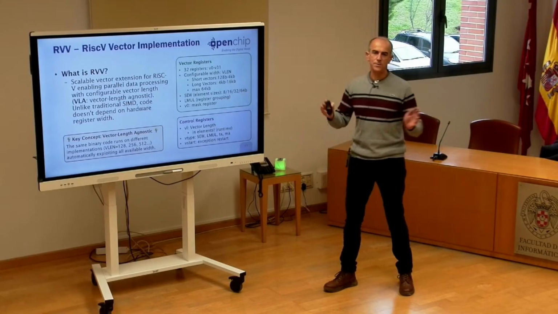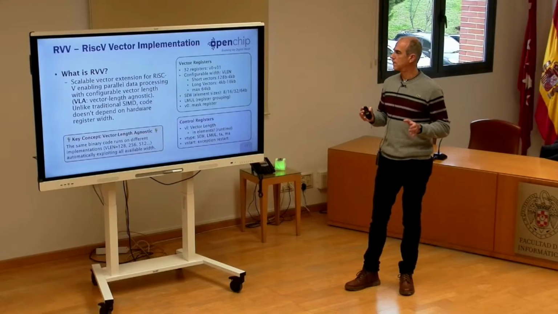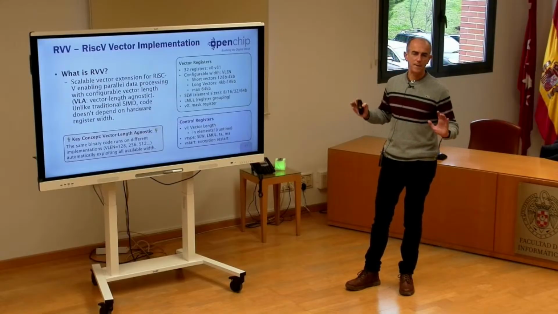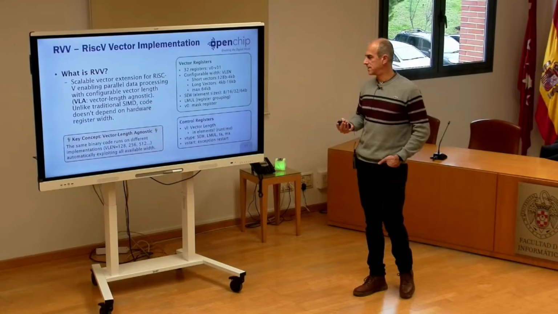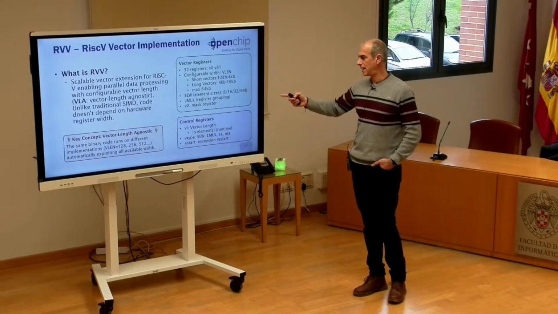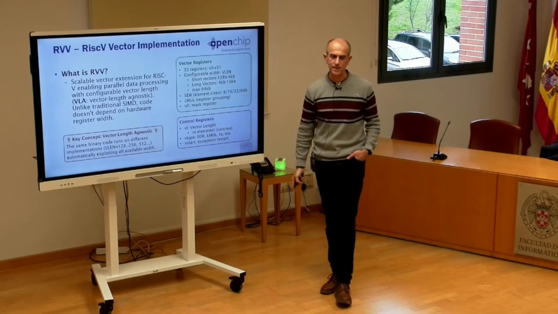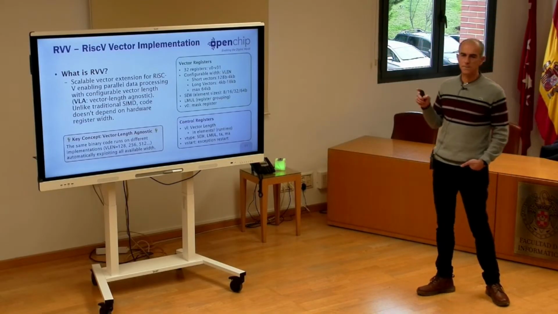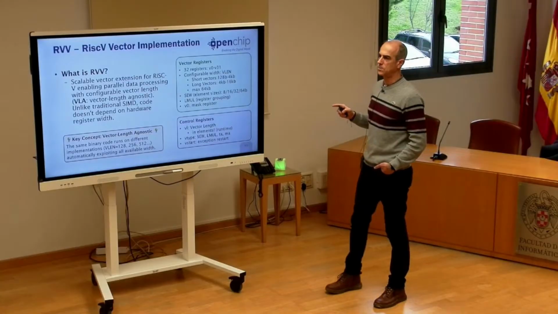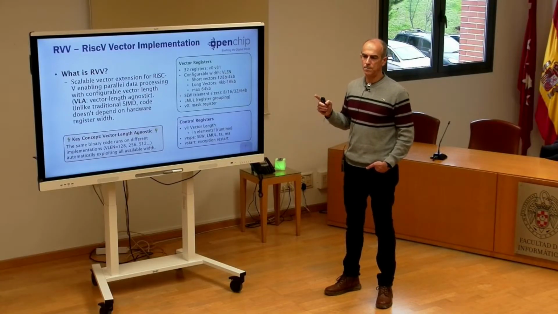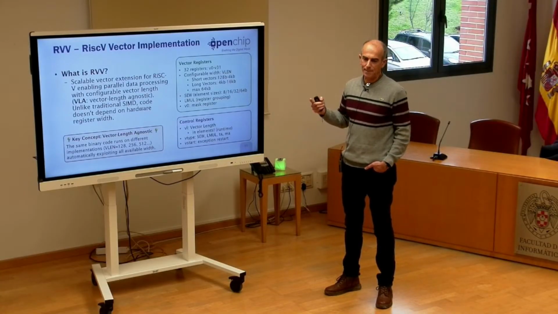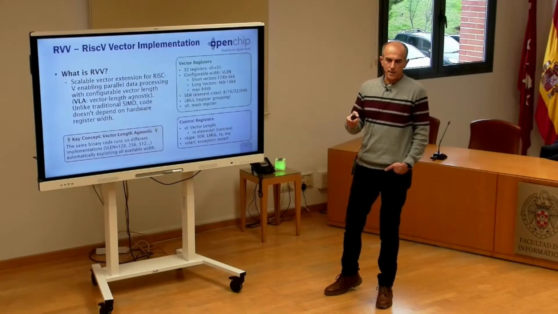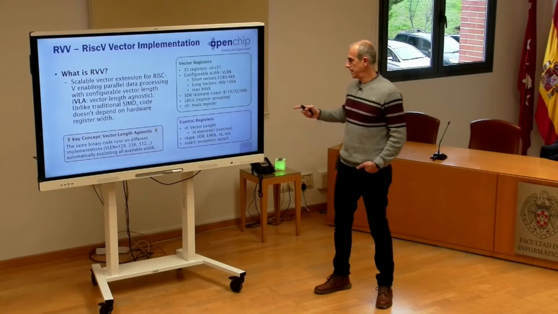And the LMUL, which allows you to group some registers to have a bigger register. And also you have another feature, which is the mask register. And you can use just the V0, just the first register, to put inside some data to mask the element or the vectors you are going to do the operation with.